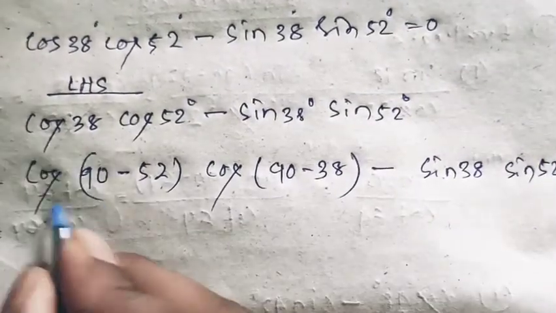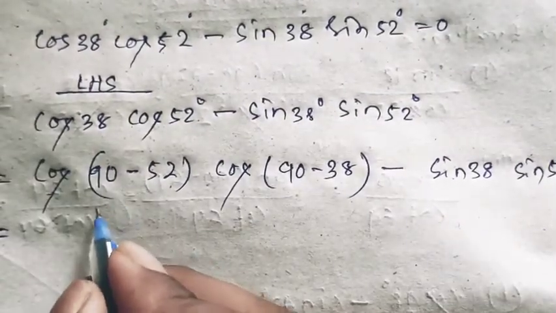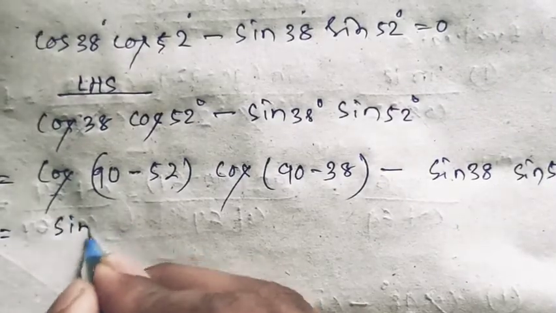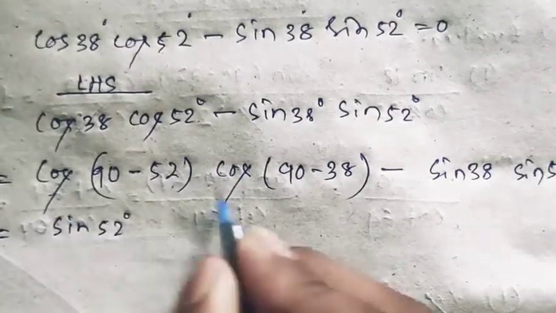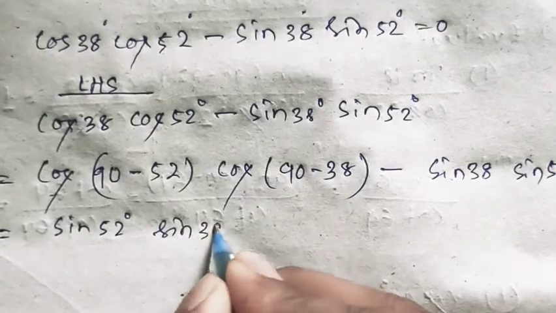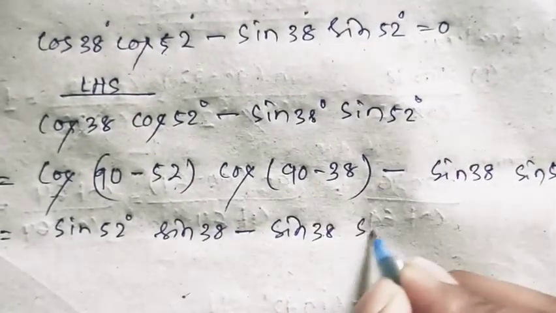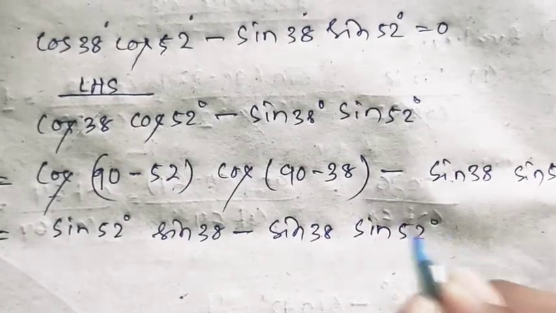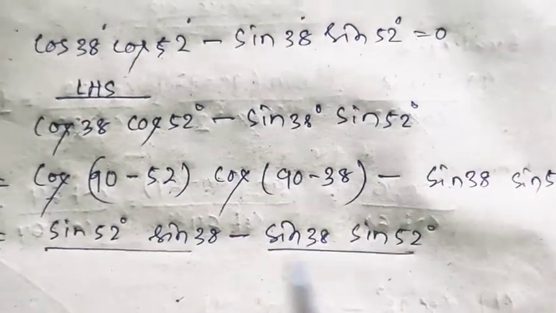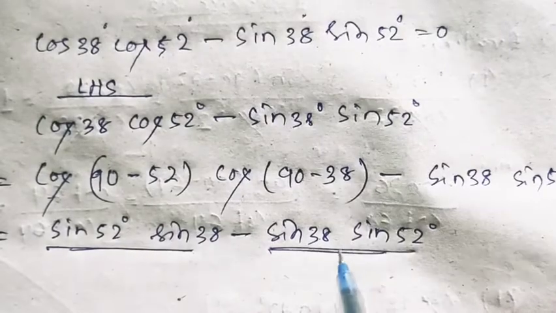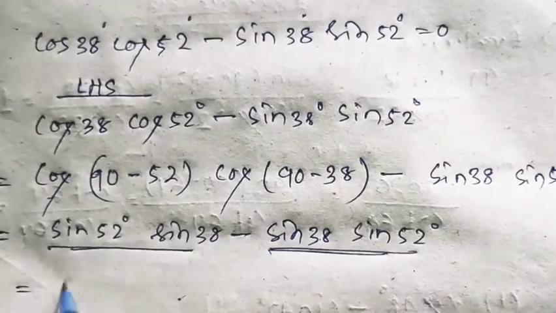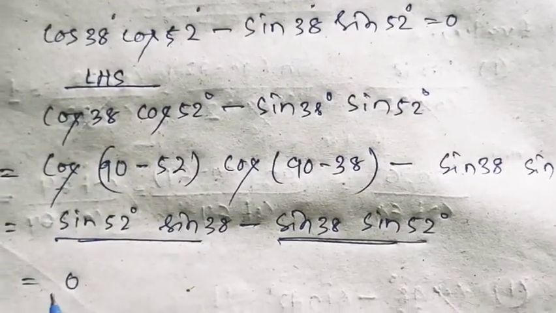Since cos (90 minus theta) is sin theta, it will be sin 52 degree into sin 38 degree minus sin 38 into sin 52 degree. These two are similar terms, so we can cancel them and this will be your answer, 0. Understand?